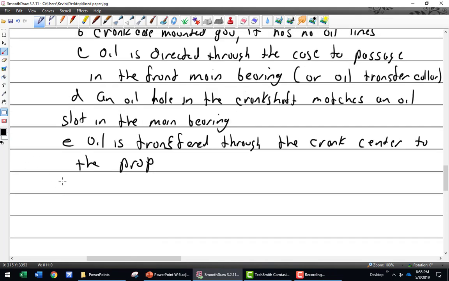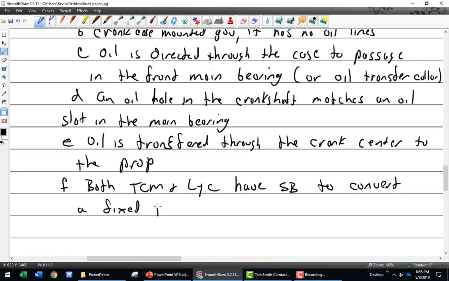I mentioned this back in 310 that both TCM and Lycoming, LYC, have service bulletins or instructions to convert a fixed pitch engine to a constant speed, CS, engine.